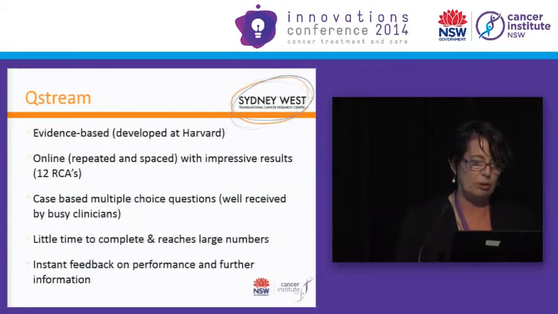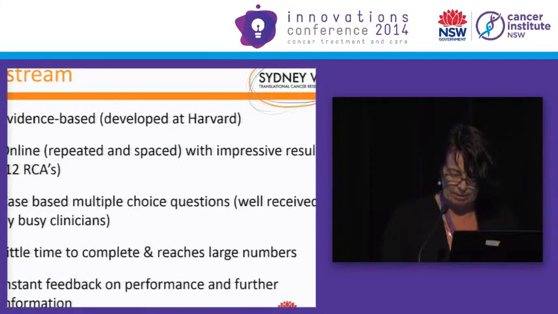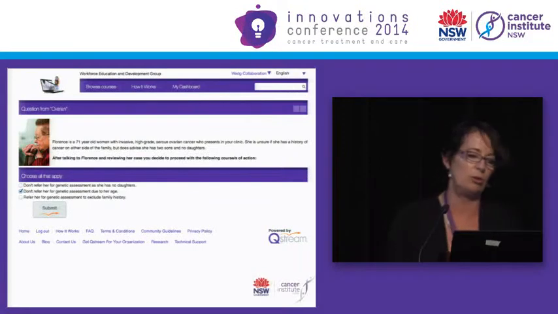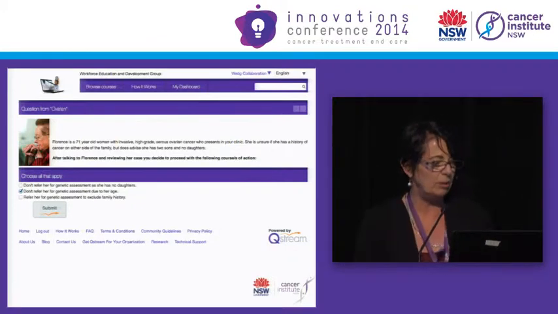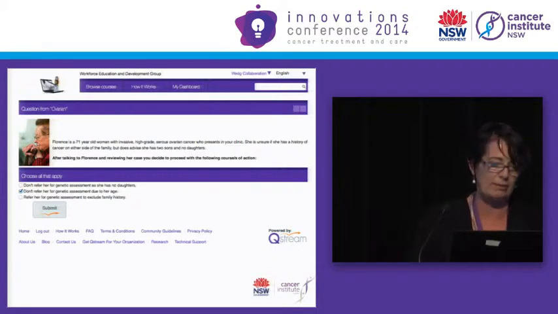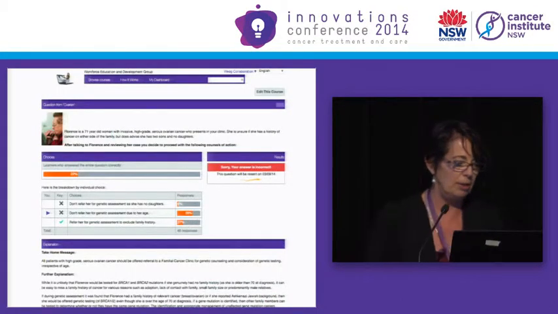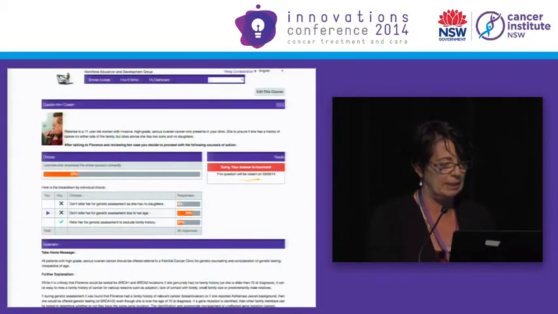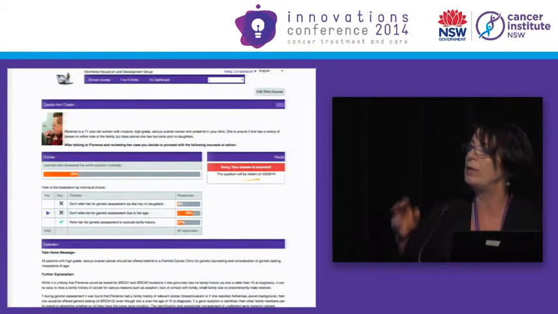So we developed a QStream program, and that's what QStream looks like. So you can see there, that's how it comes up. There's a question. In this particular case, the respondent answered incorrectly. When you answer incorrectly, you get links and take-home messages, and then this question is repeated.